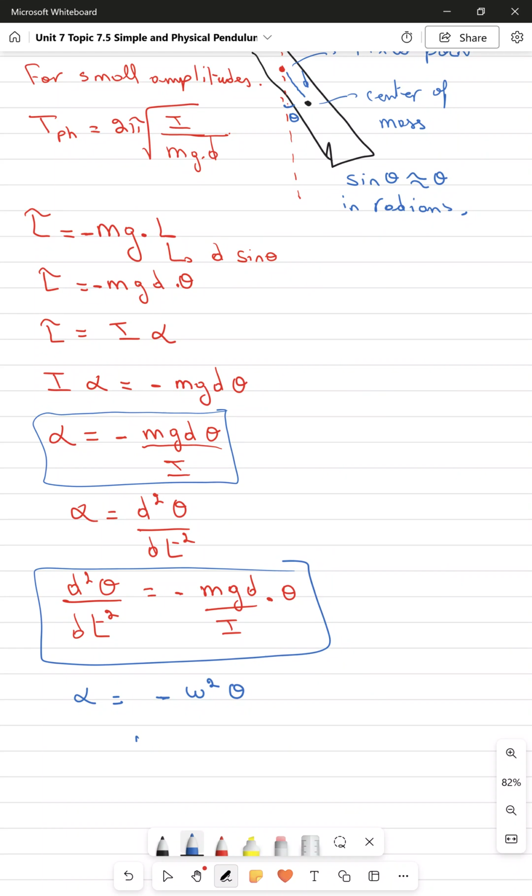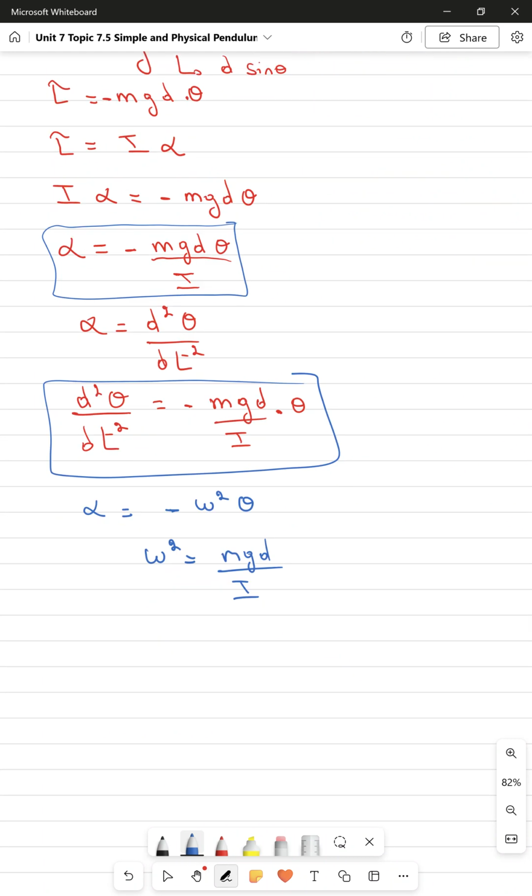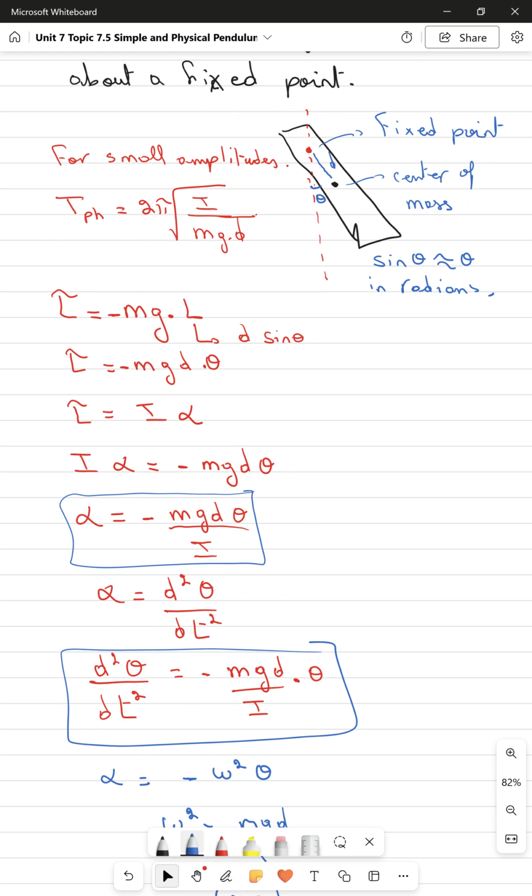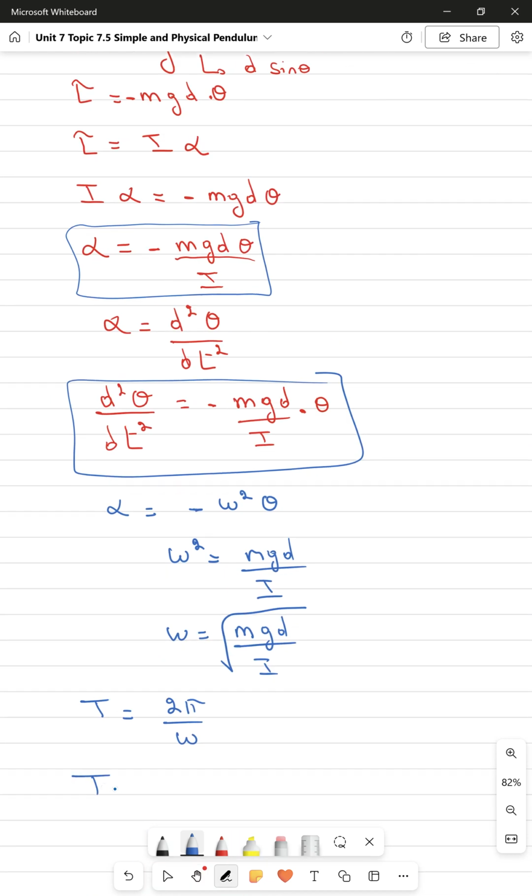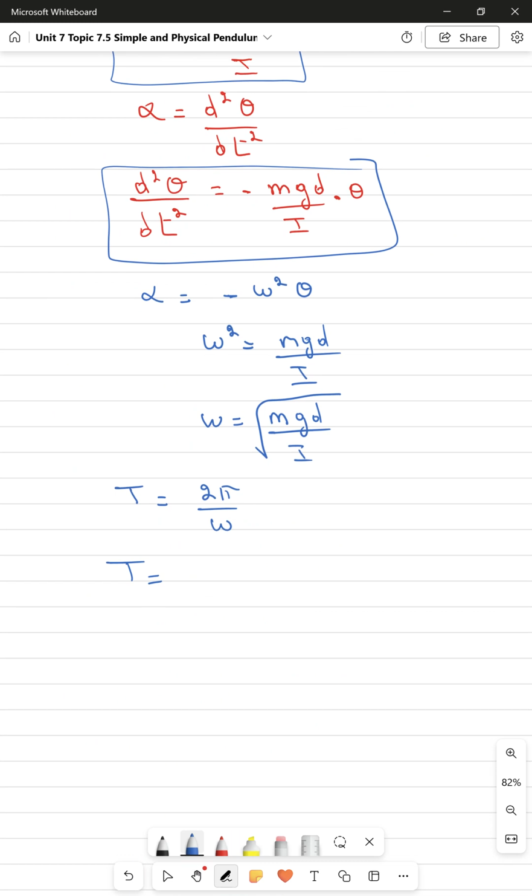So in that case, omega squared will be equal to mg d over I. So omega will be equal to the square root of mgd over I, and we have T equals 2 pi over omega, and if I replace it, I will go back to the previous equation that we got above: 2 pi square root of I over mgd.